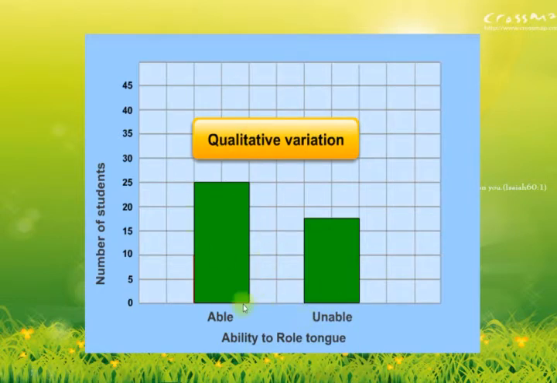Some of the students are able to roll the tongue, and some of them are unable to roll the tongue. That is discontinuous variation, with differences in characteristics that are distinct or obvious.